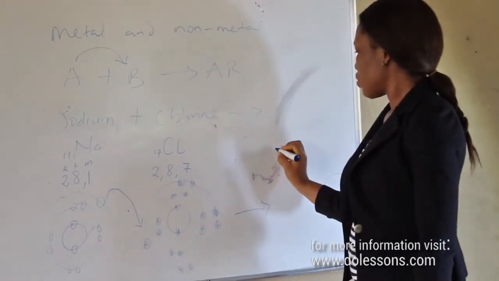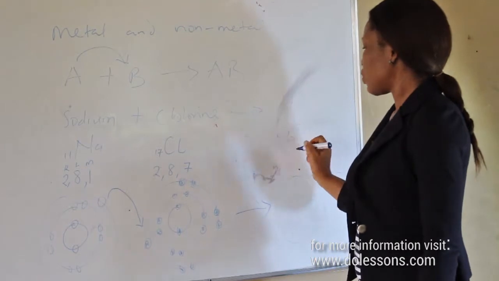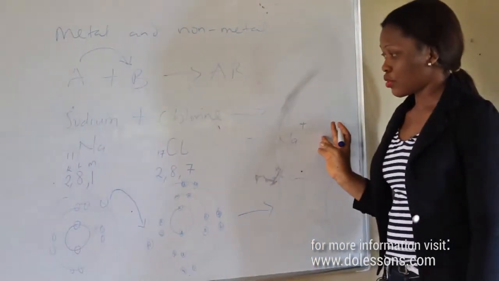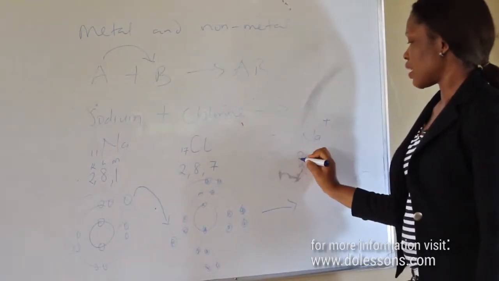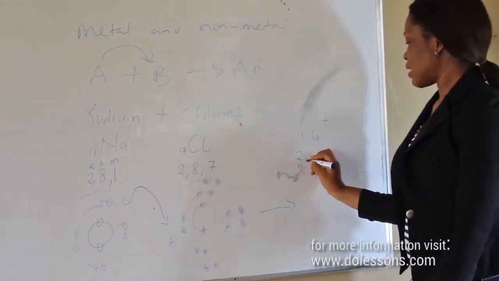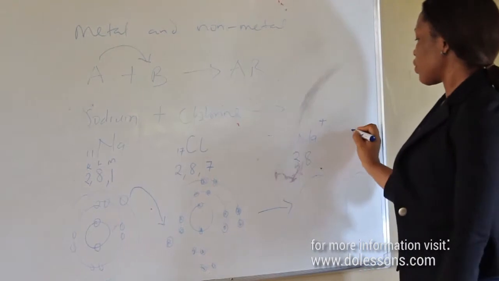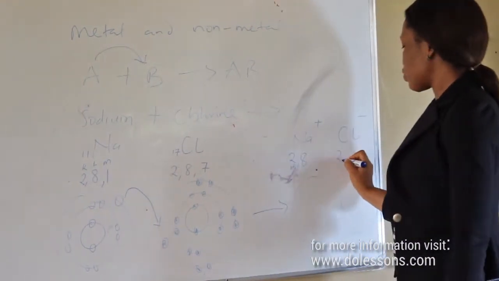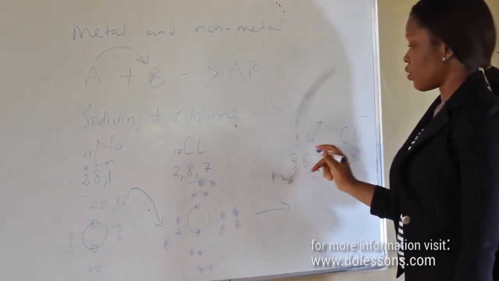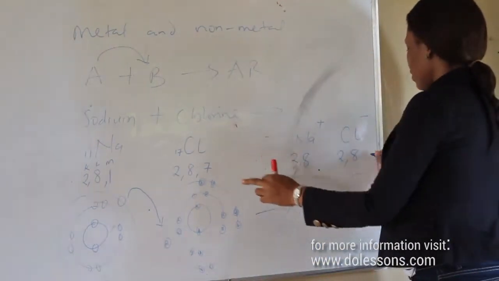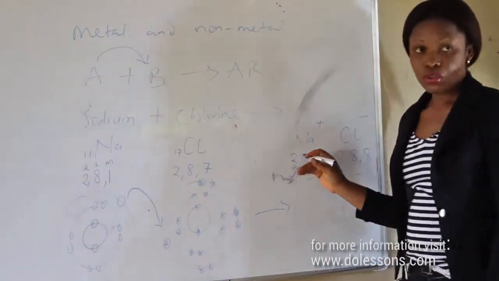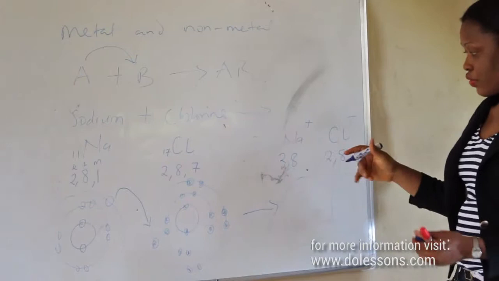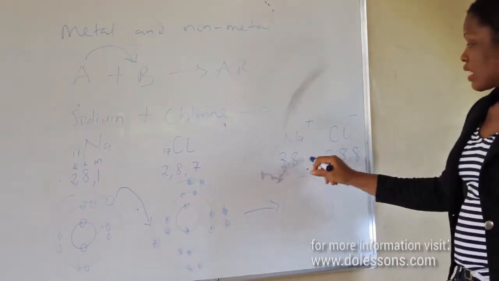So the sodium will now be a sodium ion, that's sodium that has given out 1 electron, and you have 2 electrons in the innermost shell and 8 in the next shell, while the chlorine will be a chloride ion with 2 electrons in the innermost shell, 8 in the next shell. Then the final shell will have 8 electrons. So in this process, both of them have attained the octet configuration with a maximum of 8 electrons in the outermost shell.